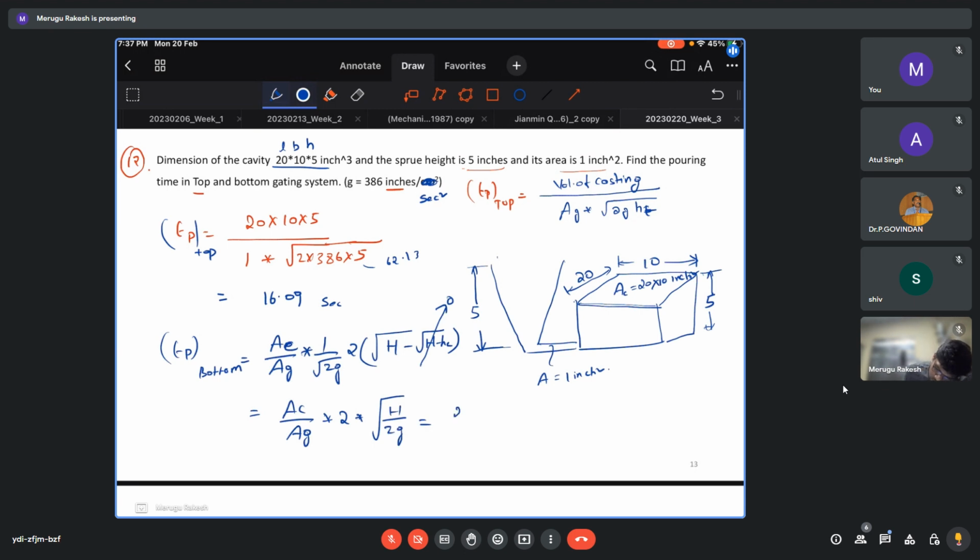So A cast is 20 into 10, A gate is 1, so capital H, the total height, is 5, 2 into 386.